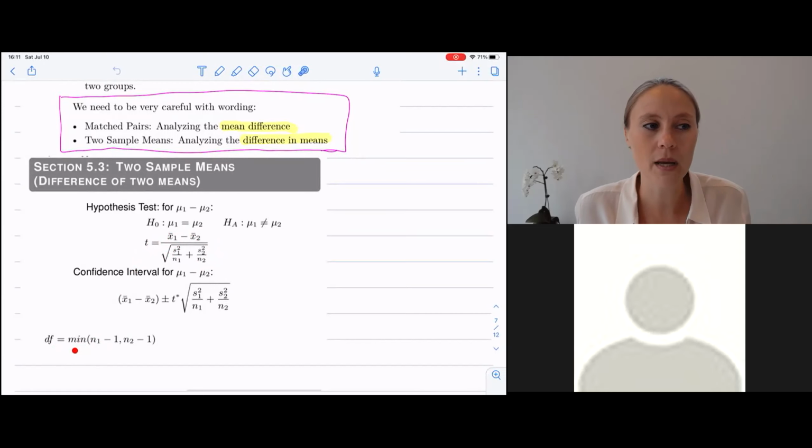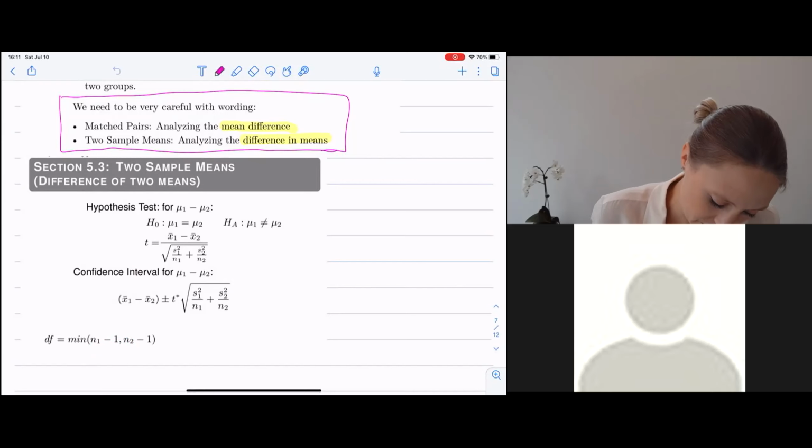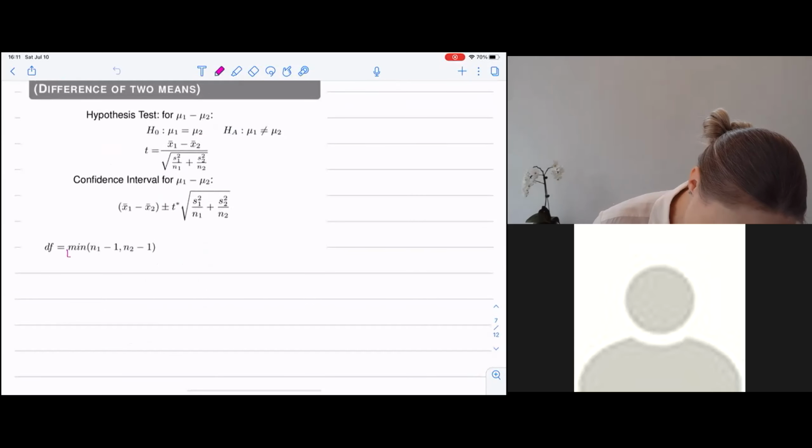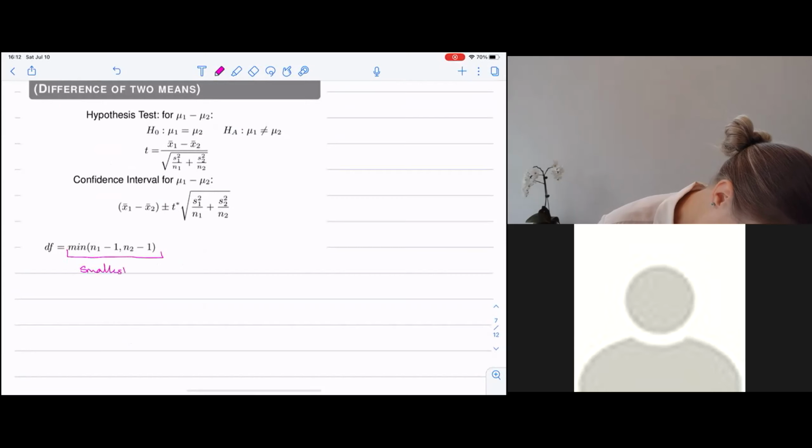It's the minimum of n1 minus 1 or n2 minus 1. So the minimum of the sample size of group 1 minus 1 or the sample size of group 2 minus 1. What does that translate to? It just translates to the smallest sample size minus 1. So here, this is really just saying take the smallest sample size minus 1.